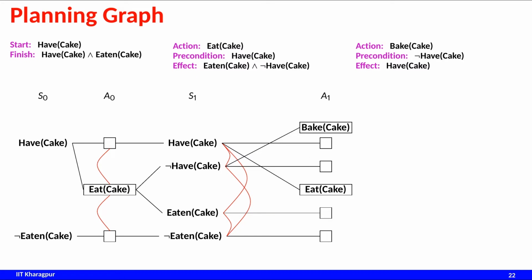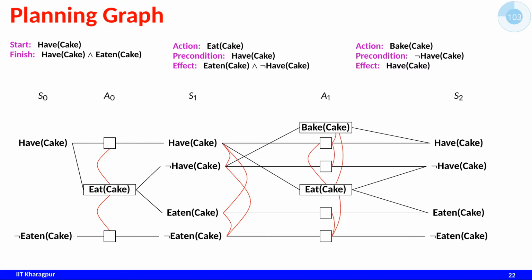In order to identify those, we need to look at what will be produced once we apply them. When we apply eat cake, it results in not have cake and eaten cake. And when we apply bake cake, it results in have cake.